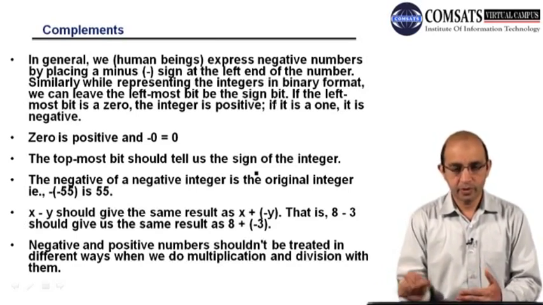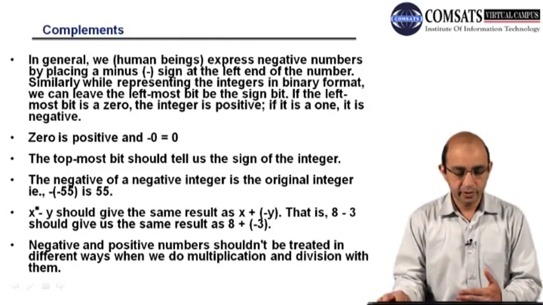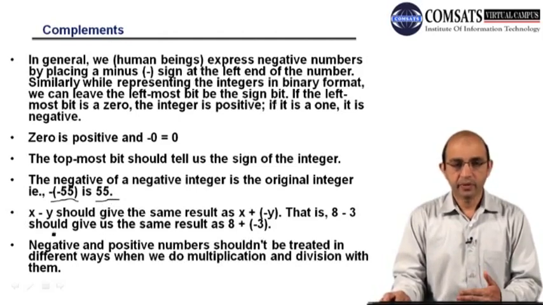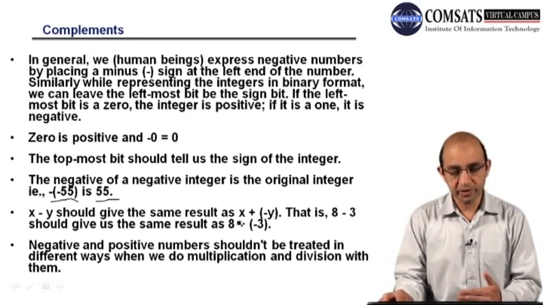For example, here if you see, we have minus 55. If we take the negative of minus 55, we get 55 over here. And whenever a number has to be subtracted, x minus y should give the same result as x plus, in brackets, minus y.